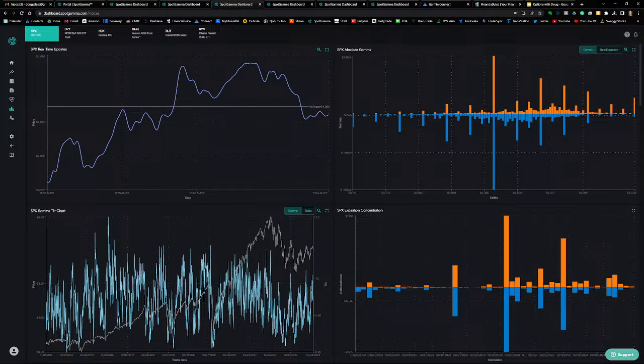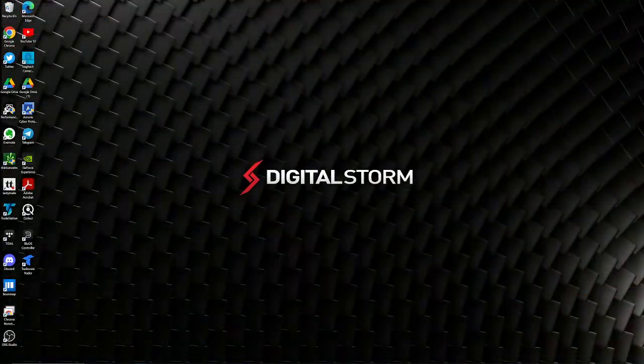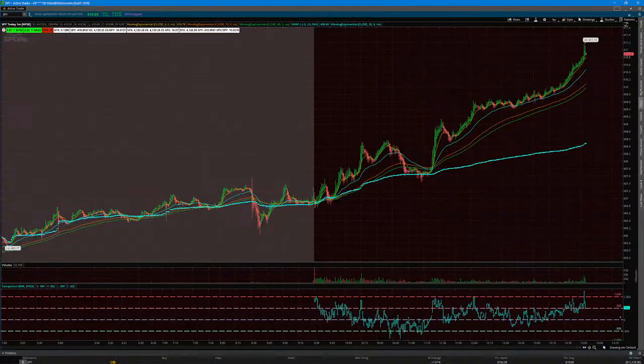And Alexis asked, how do I recalculate the difference between SPX and ES? So let me show you how I do that. I set up a script, thanks to one of our members in Discord who provided this. I set up a script in Thinkorswim that calculates the ES to SPY ratio.